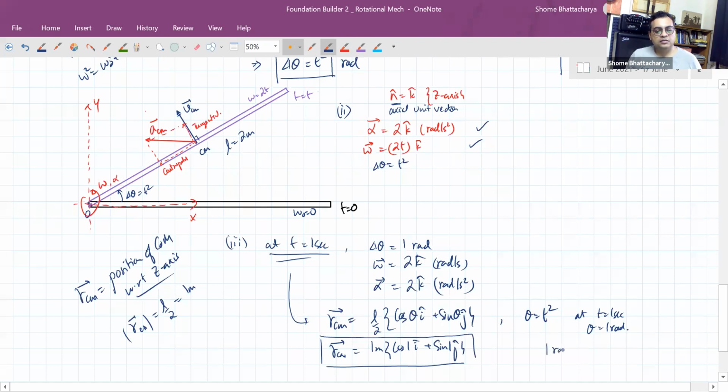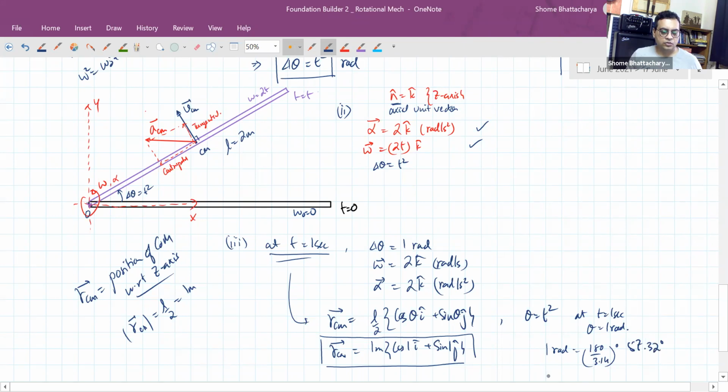Now 1 radian is equal to 180 by pi degrees. It will be close to about 60 degrees, about 57.32 degrees.